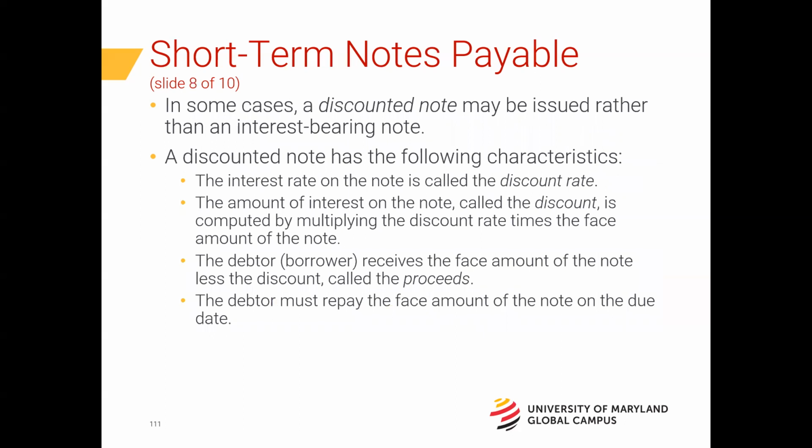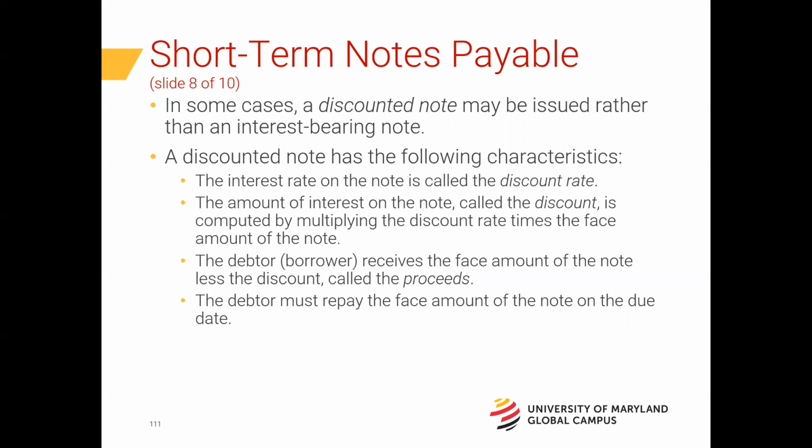Sometimes there's a discount issued instead of an interest-bearing note. This is the opposite of an interest payment. It is a discount. Here's how it works. The bank earlier gave us $4,000 for the loan that we took out, 15%, 90 days.